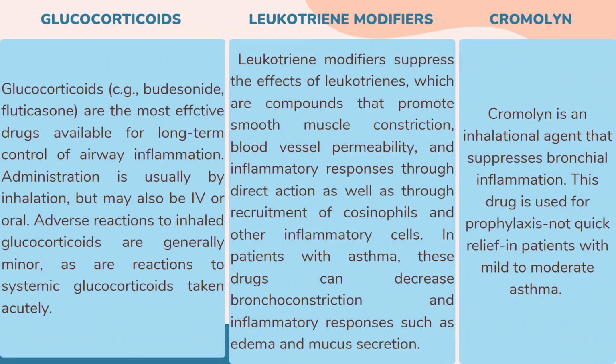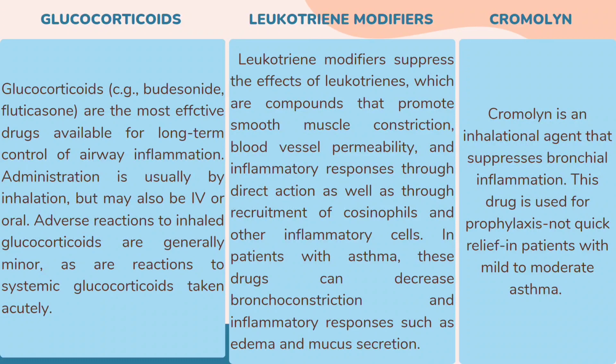Preparations, dosage, and administration of inhaled glucocorticoids. Six glucocorticoids are available for inhalation. Four are available in MDIs, three are available in DPIs, and one is available in suspension for nebulization.